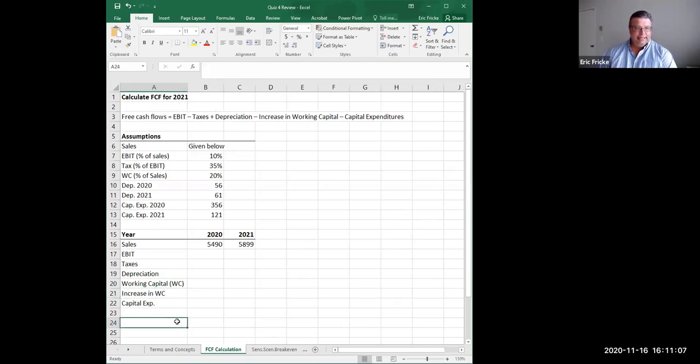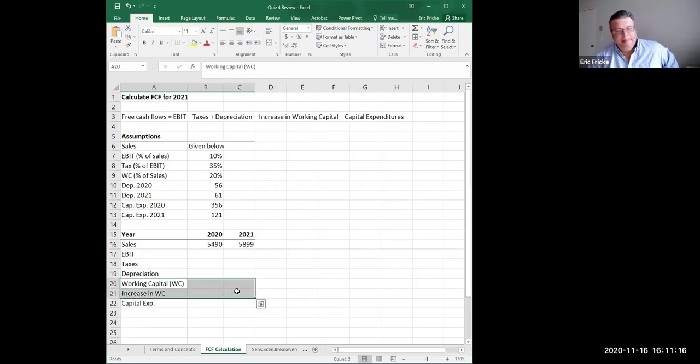All right, so I think that's everything. One more thing about working capital. Now, because it says we need 2021, and we need the increase in working capital in 2021, to calculate the increase in working capital in 2021, we need to know the working capital in both 2020 and 2021, right?